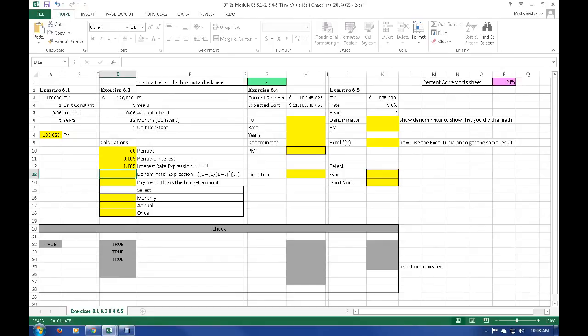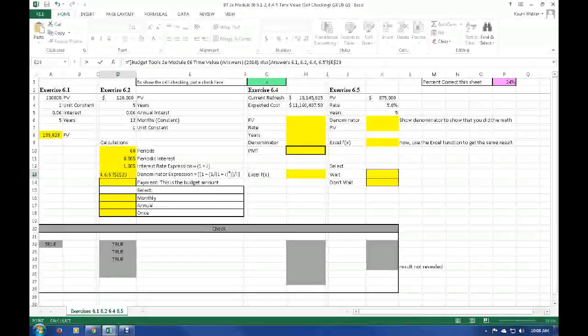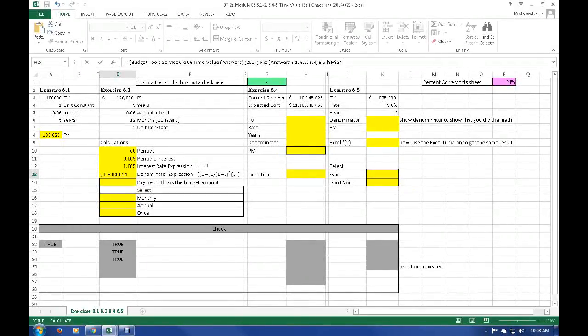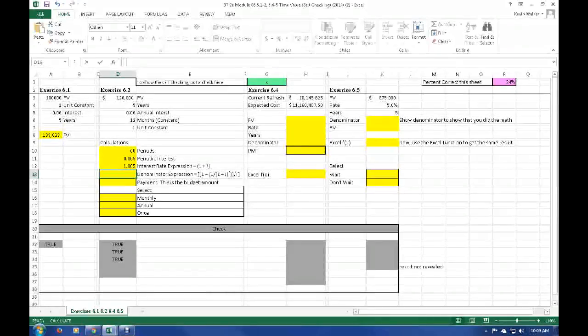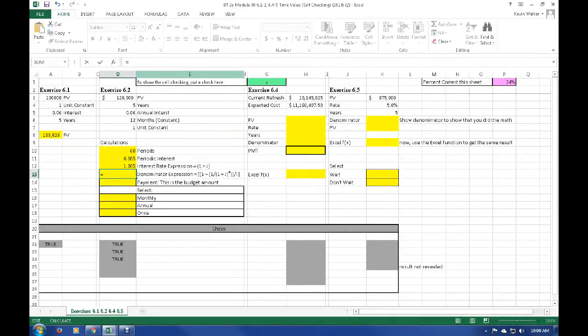First in this one, I know this really drives folks nuts, so let me walk you through this. This particular one's really not that difficult. This one actually literally works out the way this does. So we would say equals, and you follow this format.